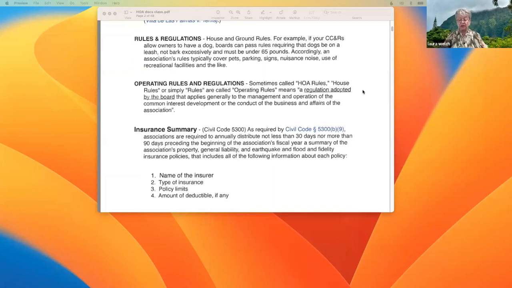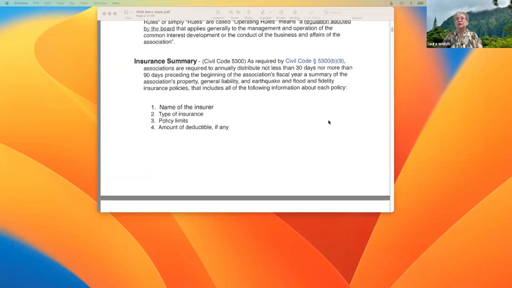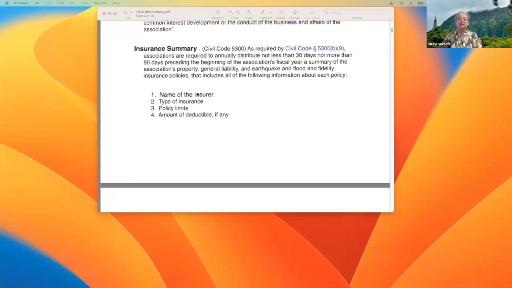They're working on redefining the responsibilities of the resident manager and things like that. Also, insurance summary. Okay, and a good tip on where to find this, a lot of times you will find this in the annual budget, if they don't give you a separate document. So look in the annual budget.